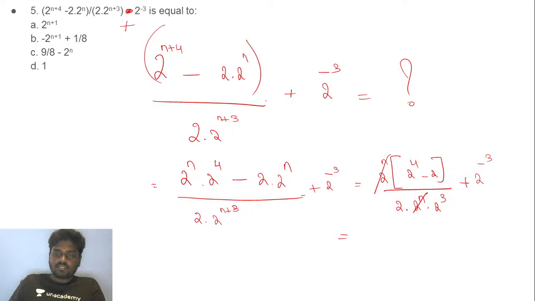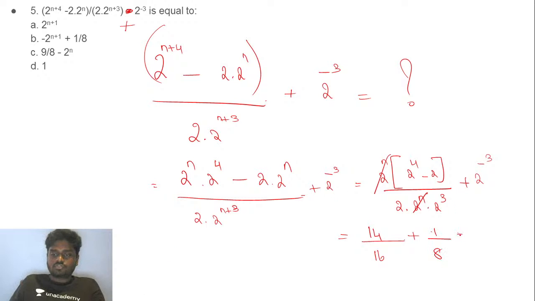So what will I be left with? We'll be left with 2 power 4, which is 16. 16 minus 2 is 14, divided by 2 power 4, which is 16, plus 2 power minus 3, which is 1 by 8.